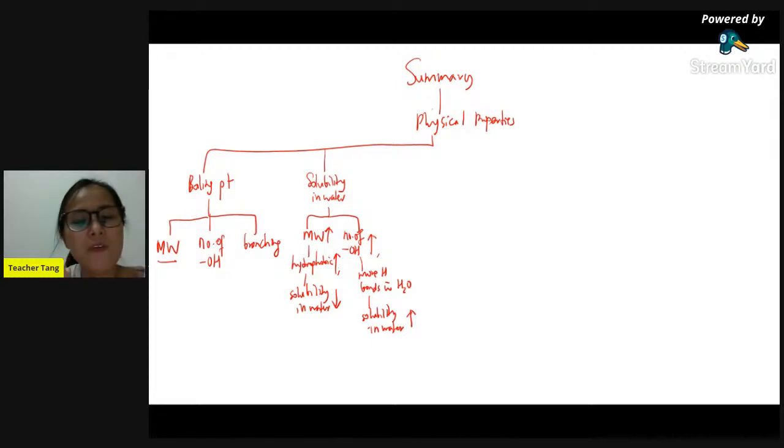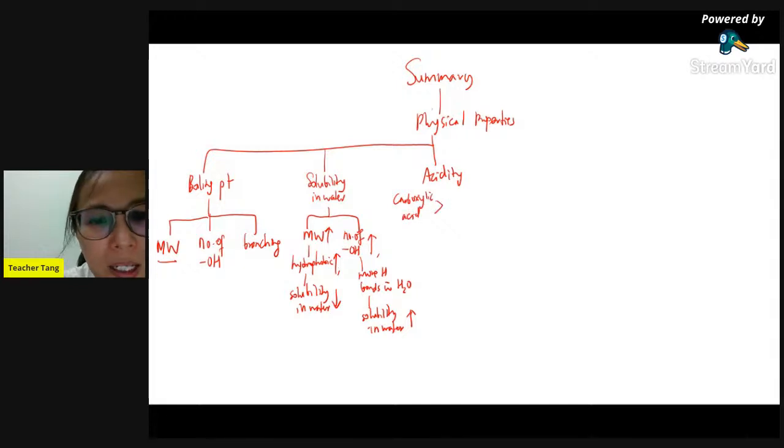For the physical properties, we also looked at acidity. You must know that carboxylic acid is the most acidic because its conjugate base is more stable. The negative charge on the oxygen can be delocalized between the 2 very electronegative oxygen atoms, so there is a resonance effect and the carboxylate ion is most stable.